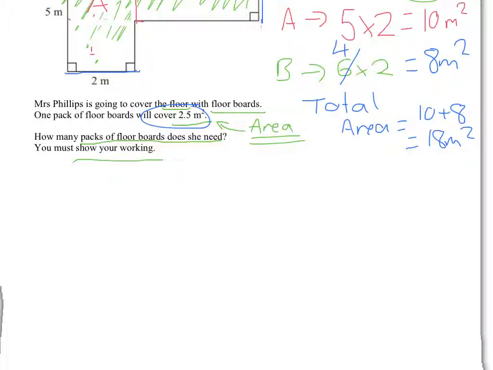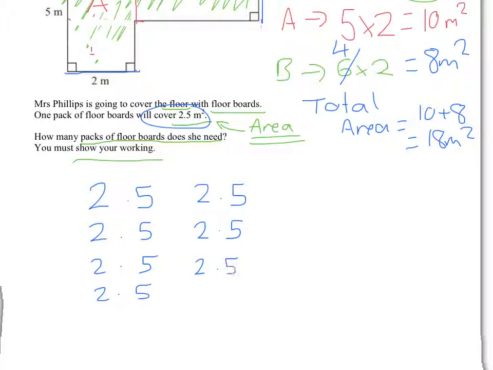It was a non-calculator question, so with 2.5, I'd probably just add them up. 2.5, 2.5, 2.5, that's going to be 10. Another 2.5, 12.5, 15, 17.5. So 20 meters squared would be 8 packs, which would be enough.